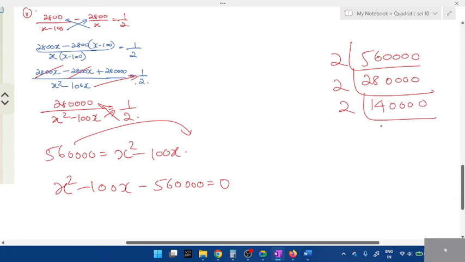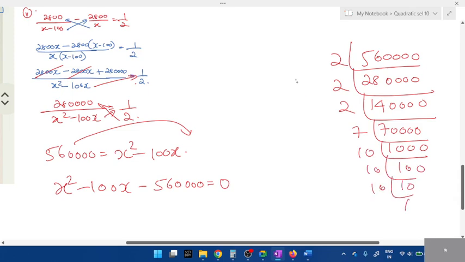Can you respond? Students, can you respond? 7, right? 7 into 1000. 10 into 100, 10 into 10, 10 into 1. So which combination will give you 100 if you multiply?